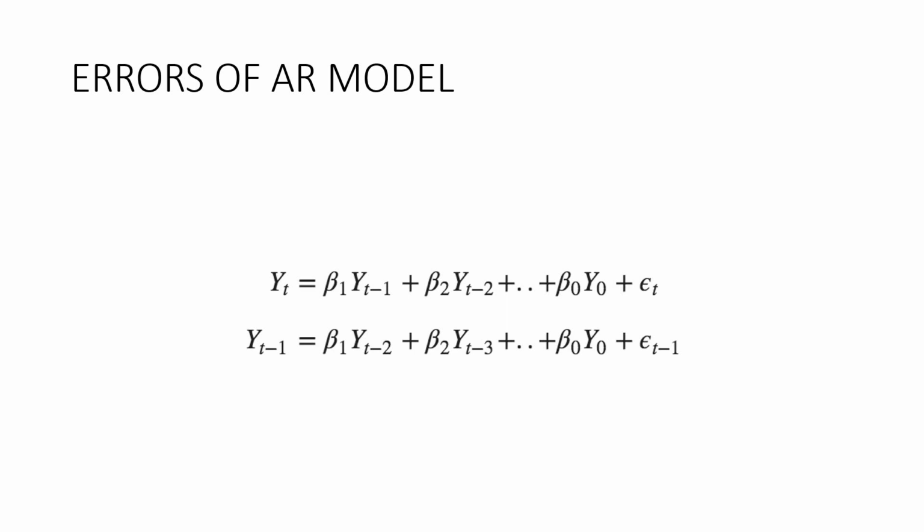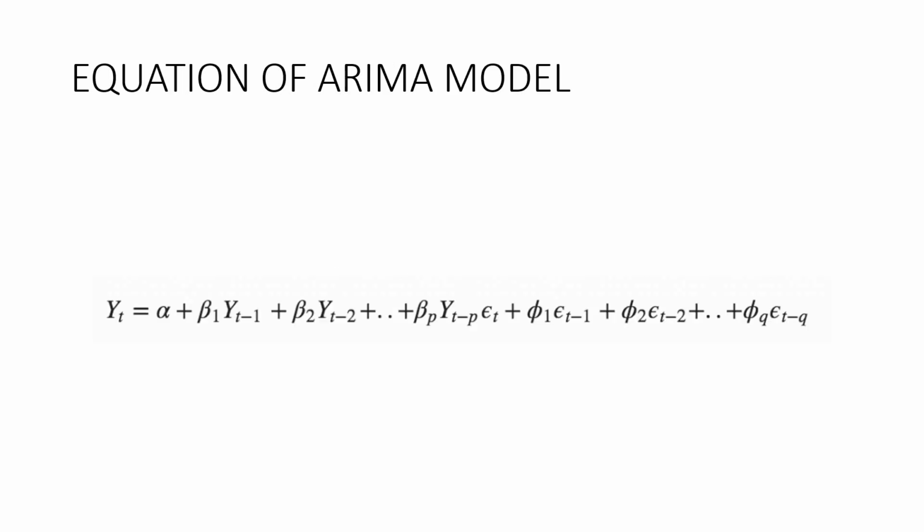So what does the equation of an ARIMA model look like? An ARIMA model is one where the time series was differenced at least once to make it stationary, and you combine the AR and the MA terms. So the equation is this.